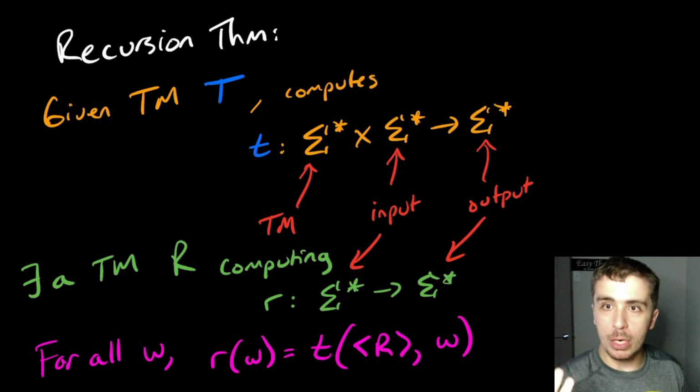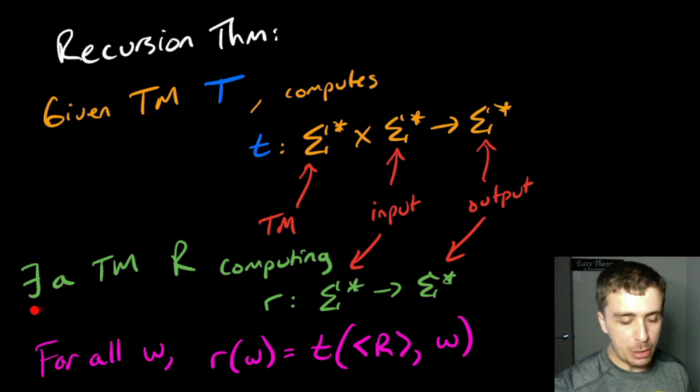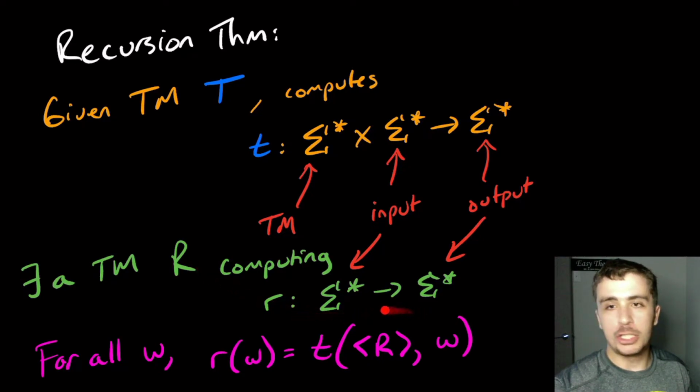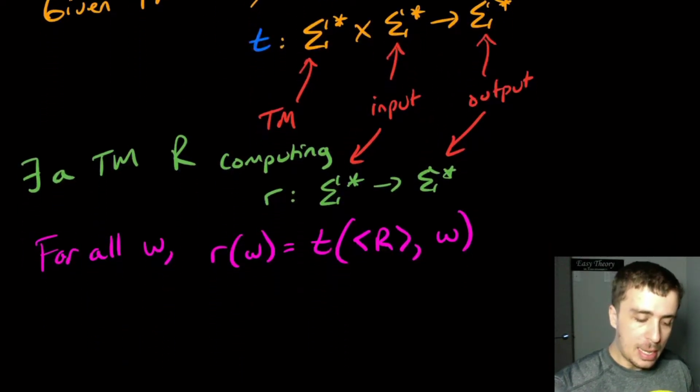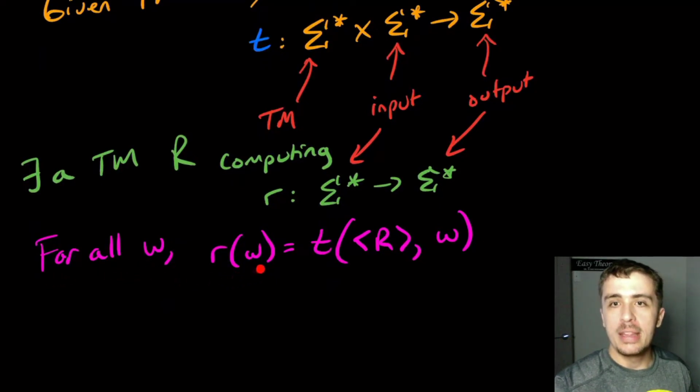Then what the recursion theorem says is that there exists some Turing machine, I'm going to call R, computing some arbitrary function, so some sigma star to sigma star. The first one is the input, which is going to correspond with the T function, and the output is going to correspond with the T function. And the recursion theorem says for any input that you wish, the output is exactly the same, where you fix the T function to be R specifically.